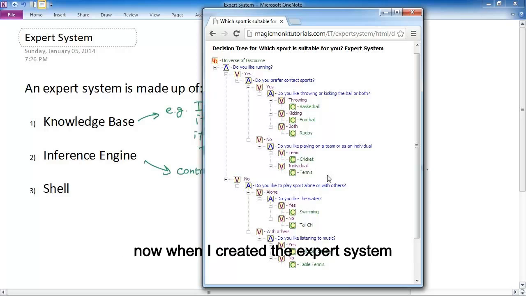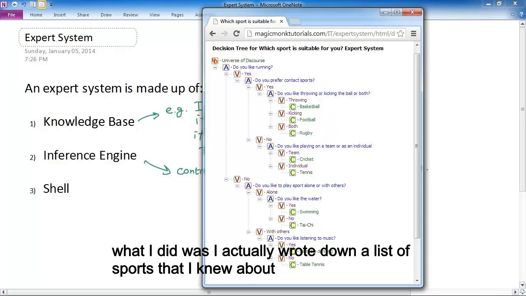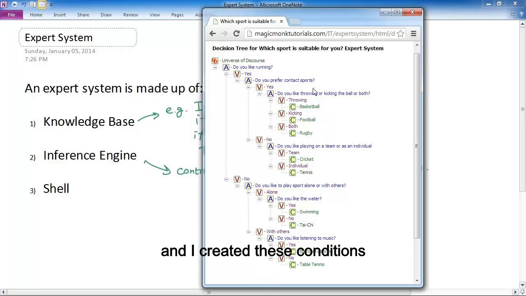Now when I created the expert system, what I did was I actually wrote down a list of sports that I knew about, and I created these conditions through a process of backward chaining.